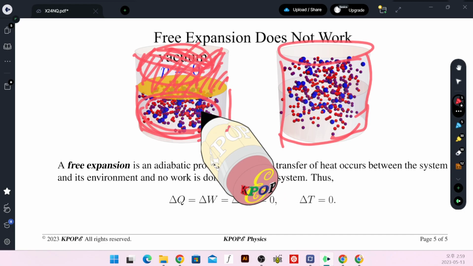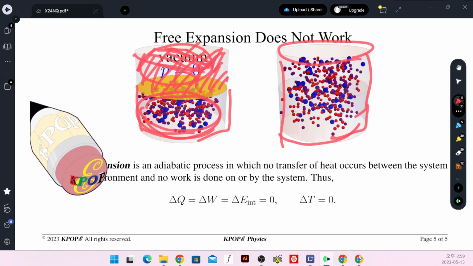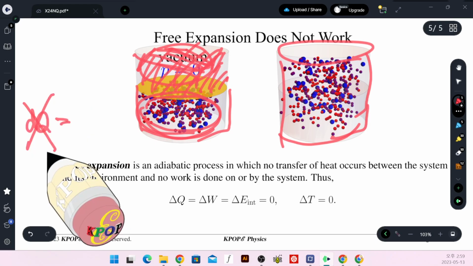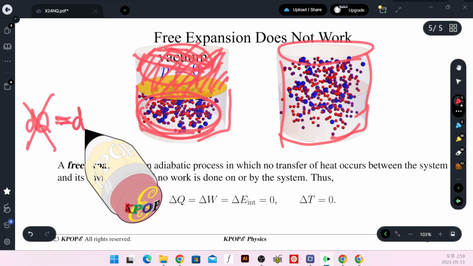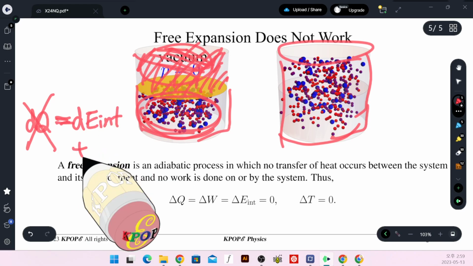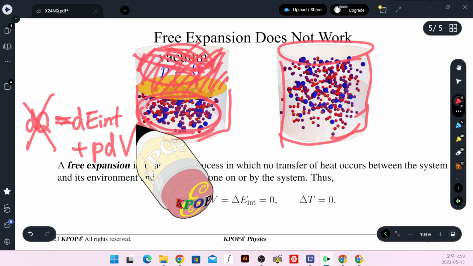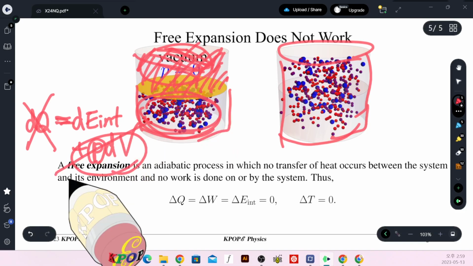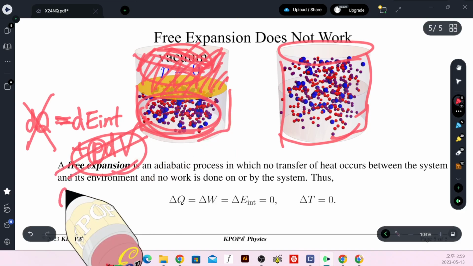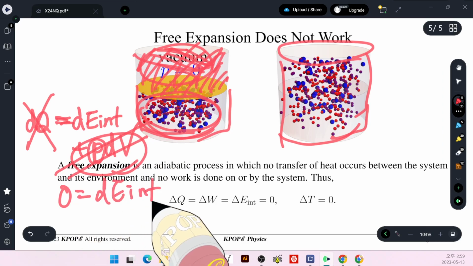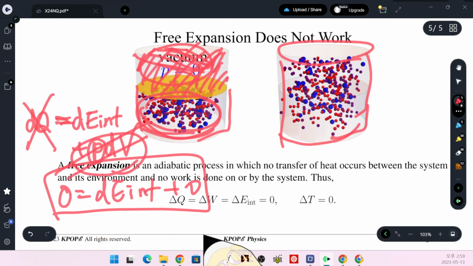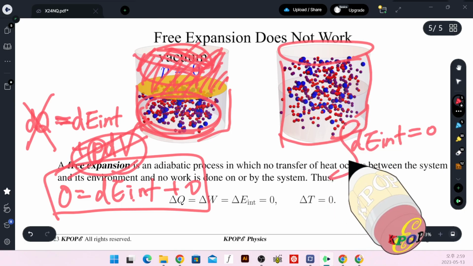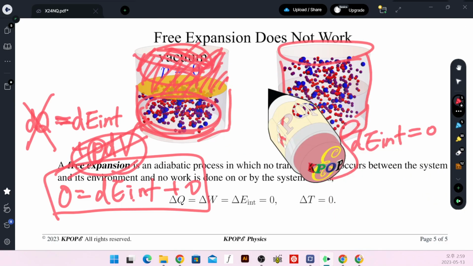Therefore, if I apply the first law of thermodynamics, I do not have dQ, and I have the internal energy change plus P dV. No work at all, because there is no pressure against it, so this is 0. Therefore, 0 equals dU plus 0. So the internal energy change is 0 regardless of the size of expansion.